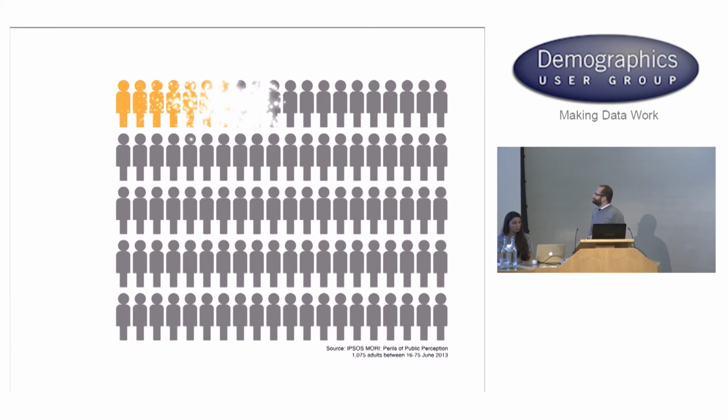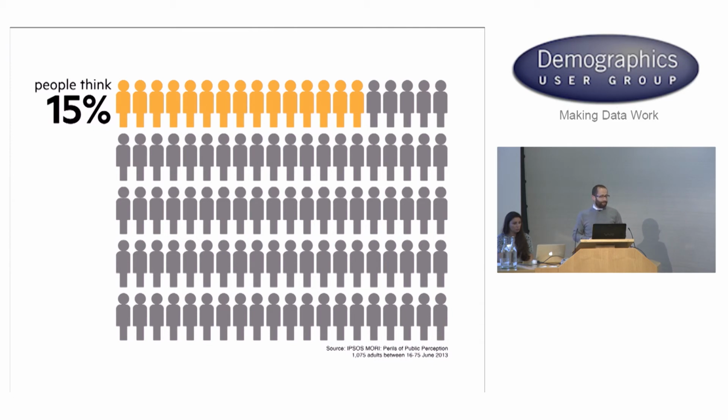15. Spot on. That's what the British public thought. Now, I got to this stage of the presentation with the girls, and I said the British public think 15 out of every 100 girls get pregnant every year. Pandemonium then ensued.